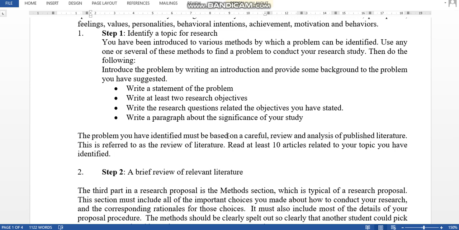to be in chapter 1, namely the introduction, the background, the problem statement, some objectives, related research questions, definition of terms, significance of the study, and the ethical considerations that you intend to undertake for the study.